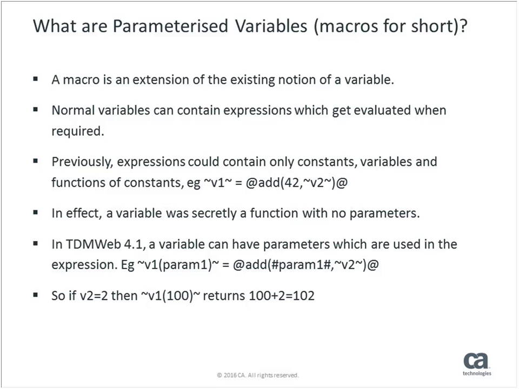In this example here, we have a variable called v1 with a single parameter, and all it does is add whatever param1 is to whatever the value of v2 is. So if you called it with an argument of 100, and v2 had the value 2, the result would be 102. That's very straightforward.